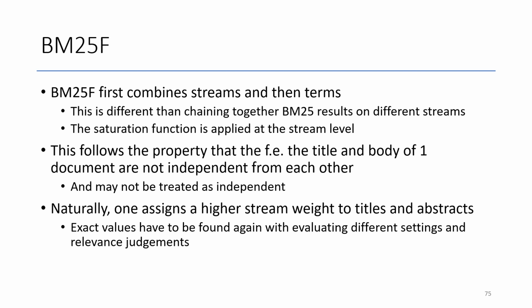And of course, their stream lengths and average stream lengths can vary quite a bit. And in most cases, you would assign a higher stream weight to a title or abstract, for example. But again, those are weights that you can tune and do a hyperparameter search for your specific collection that you're using it in.